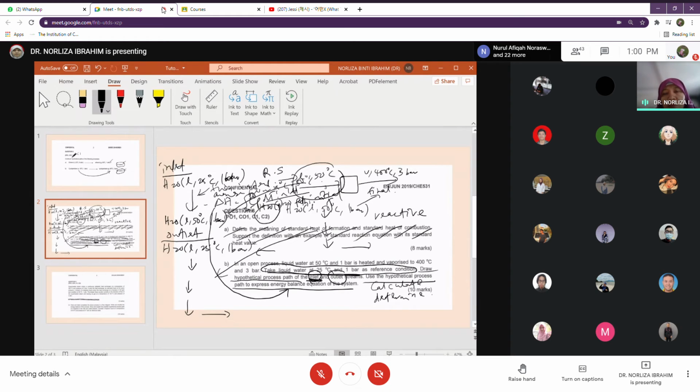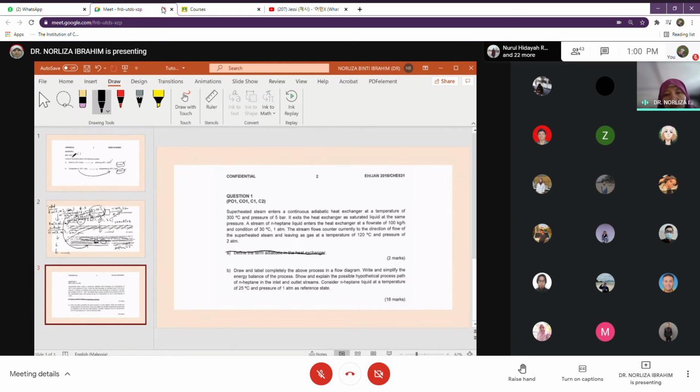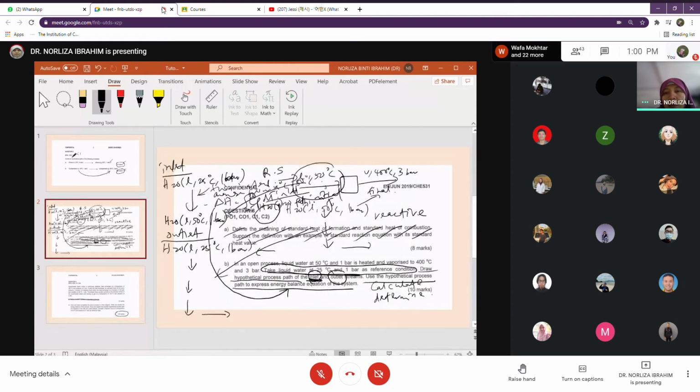If you refer to the next question, this is 16 marks. So for 16 marks, I guess the elaboration should be more. For this one, you just mention temperature change and then say delta H is CP dT. I think that's good enough.